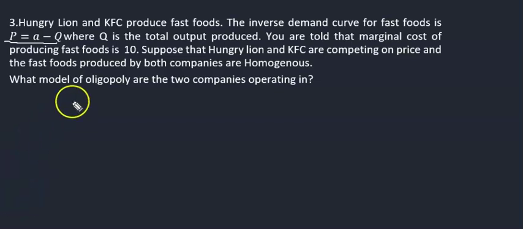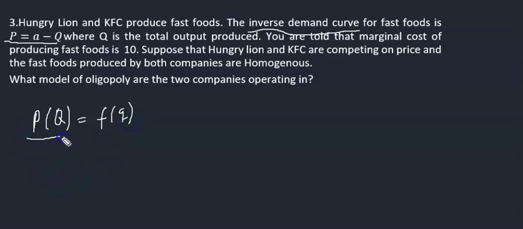Well, if you thought about it, you'd see that we are given the inverse demand curve here, which is price as a function of Q. Let me write the big one. Price is a function of Q. So this is the inverse demand curve, which implies that price is determined by the market.